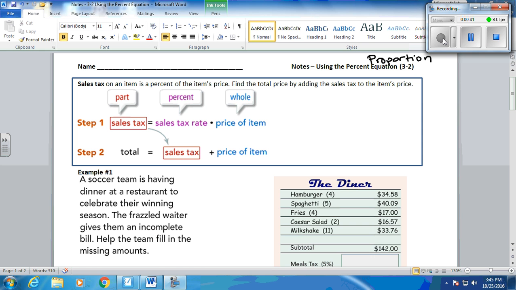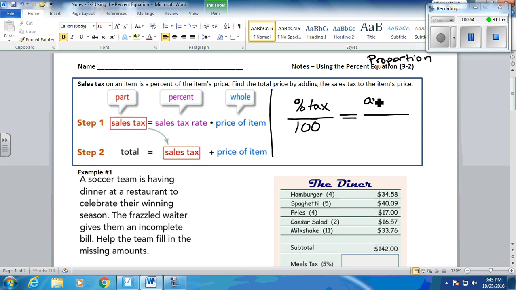So the proportion that we're going to be talking about is the percent of tax, and percent means out of 100, so it'll be over 100, equals the amount of tax divided by the price of the item.